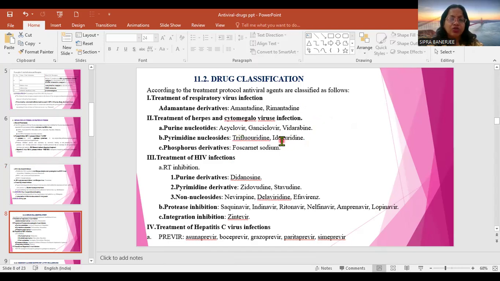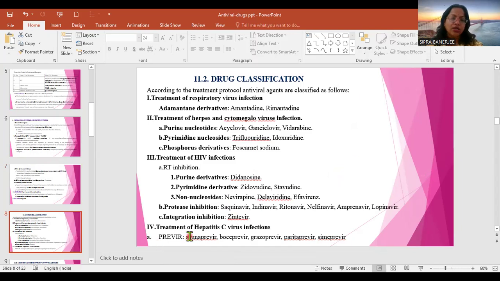Treatment for herpes and cytomegalovirus infection includes purine nucleosides, purine nucleotides, pyrimidine and phosphorus derivatives. Treatment for HIV infection includes reverse transcriptase inhibitors, having purine derivatives, for example didanosine, pyrimidine derivatives, zidovudine, and non-nucleoside inhibitors like nevirapine. There are also some protease inhibitors, saquinavir drugs.